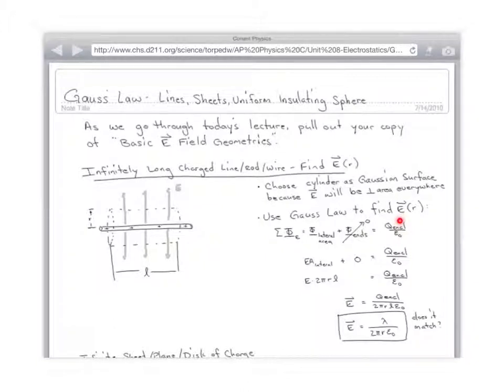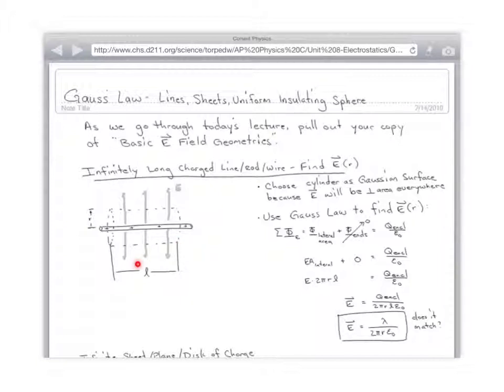How much flux is going through the ends? Zero, because any field coming out is running parallel to that end. It's not actually going through it. So the only flux you have to worry about is the flux going through the lateral area of the cylinder. Good so far?